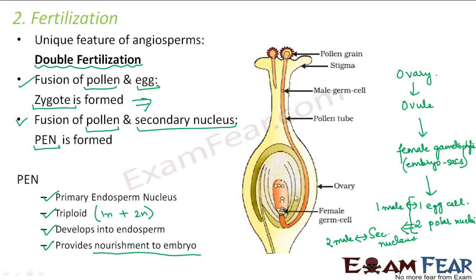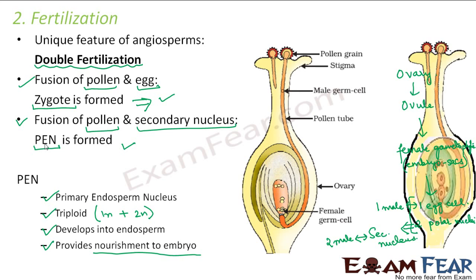When these male sex cells reach the ovule, one male sex cell will fuse with the egg to form the zygote, and the other male sex cell will fuse with the secondary nucleus to form the triploid primary endosperm nucleus. On maturity, the zygote will form the embryo and this PEN will form the endosperm. The endosperm's function is to provide nourishment to the embryo and help in its growth.